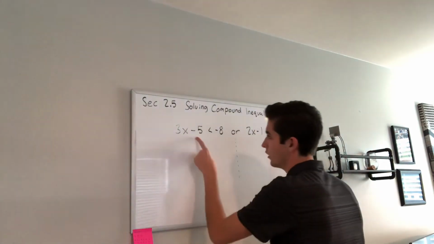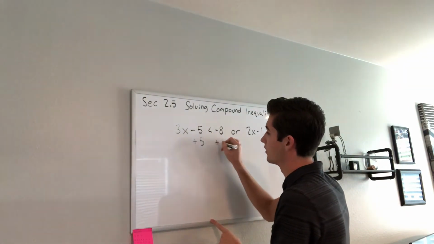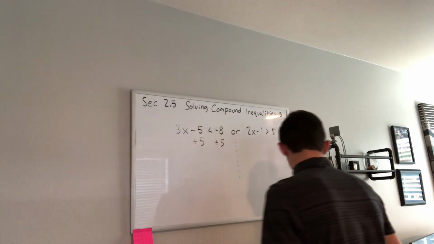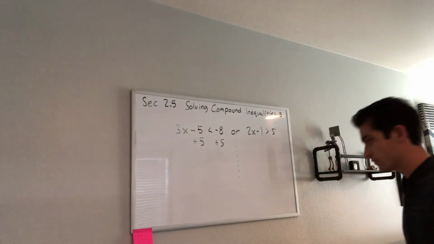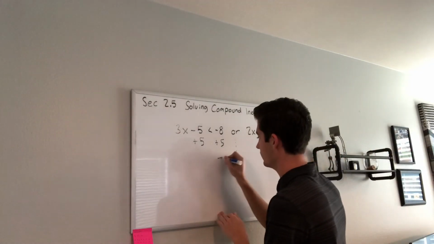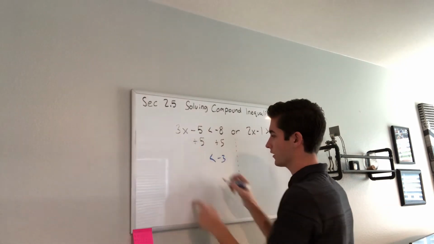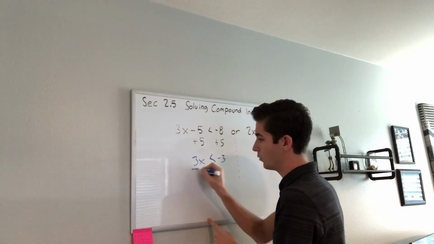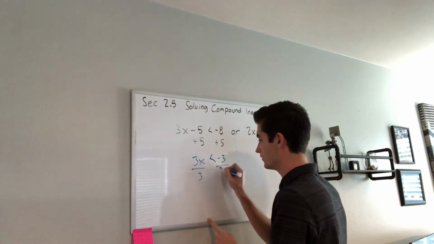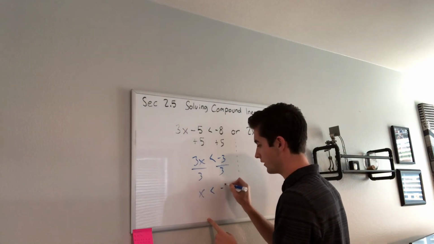Okay, so first we want to add 5 to each side. Right? So, -8 plus 5 gives us a -3. Bring our sign down, 3x. When we divide by 3, we're going to have x is greater than -1.